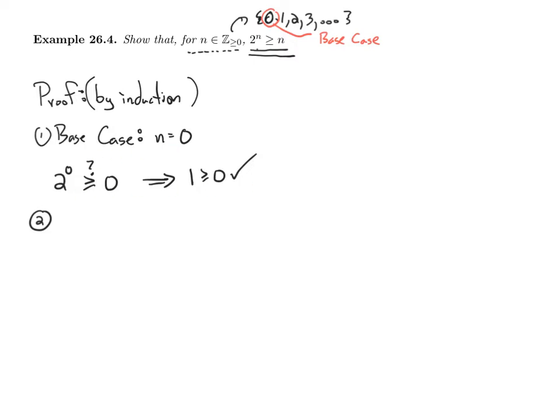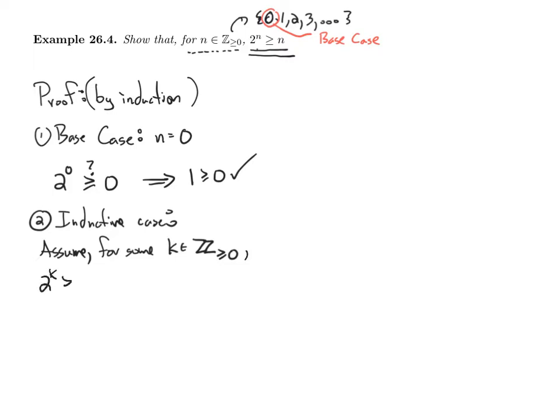Let's do our inductive case. So let's assume that for some k that is in our index set, which again are integers bigger than or equal to 0, that this holds, that 2 to the k is greater than or equal to k.